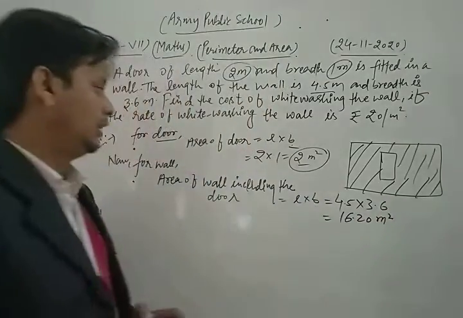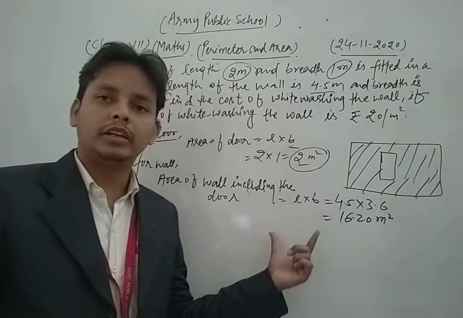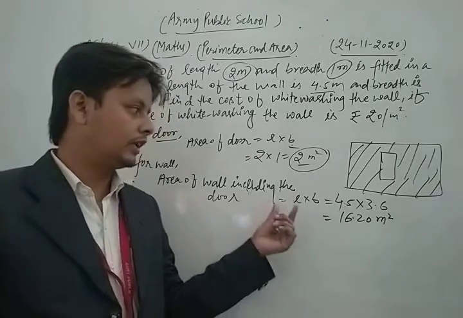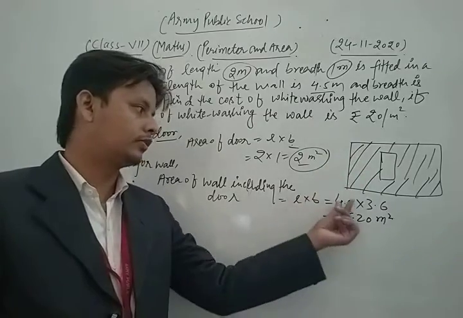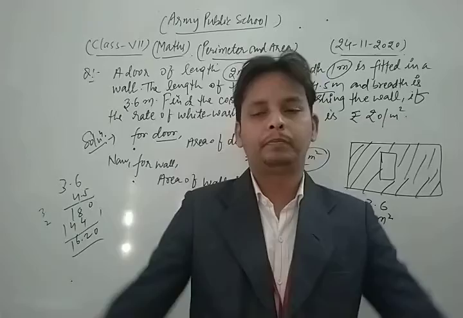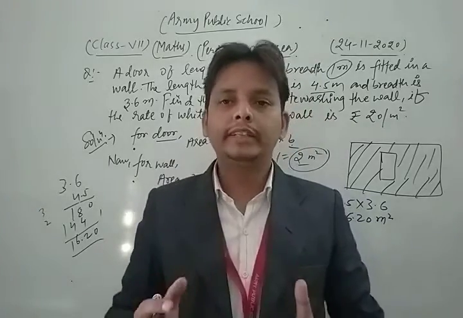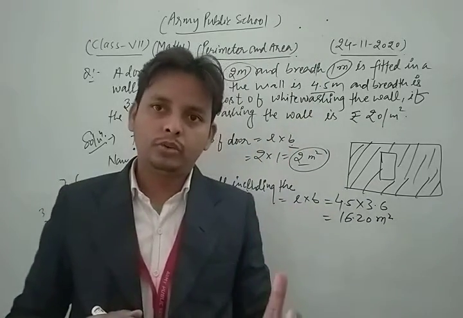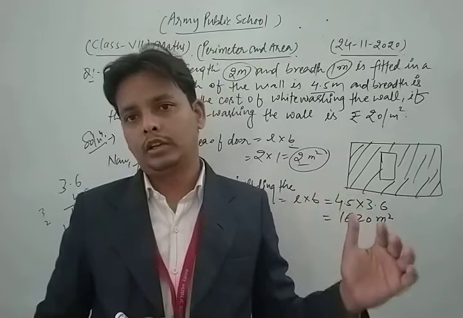Dear student, this is the area of wall including the door, because the length of the whole wall including the door is 4.5 and breadth is 3.6.